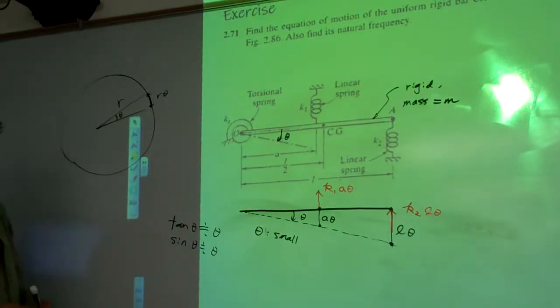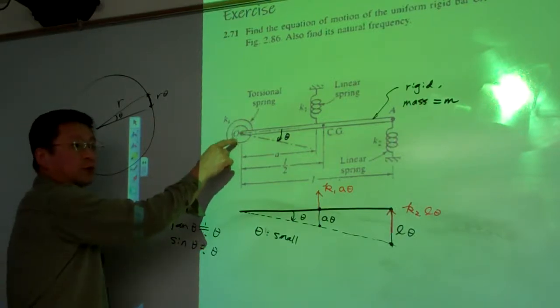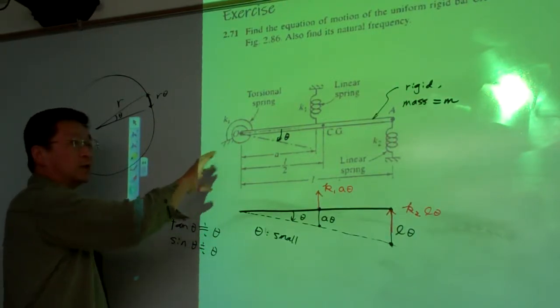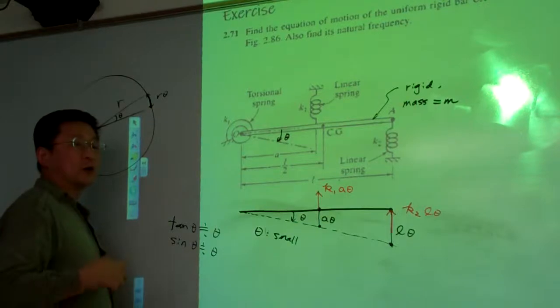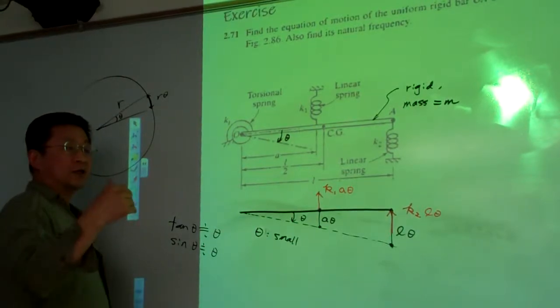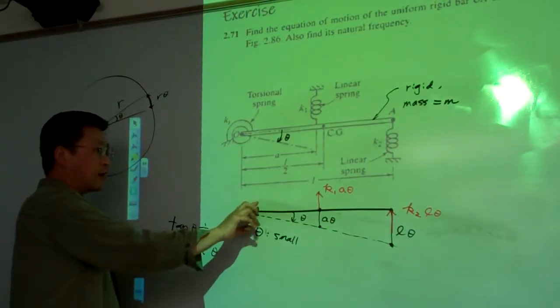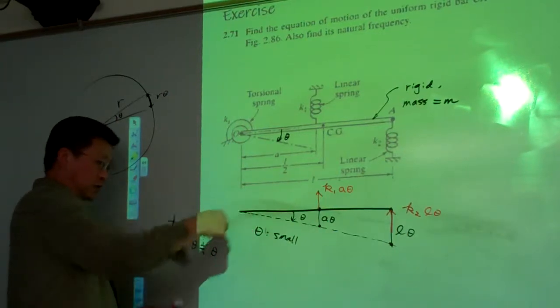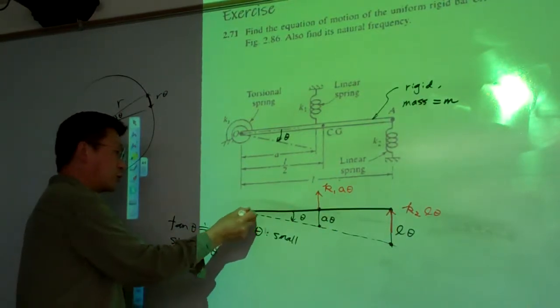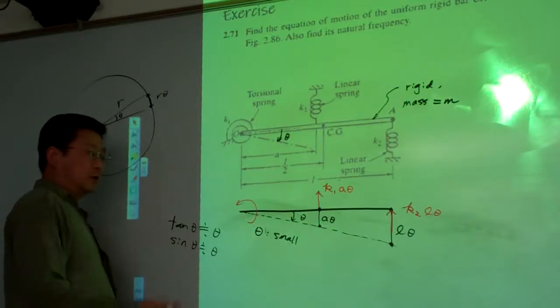Furthermore, we have a spiral spring here. A spiral spring always opposes its deformation. Right now the deformation is in this way, so the spiral spring provides a torque in that way.